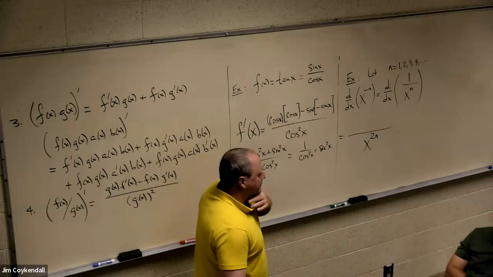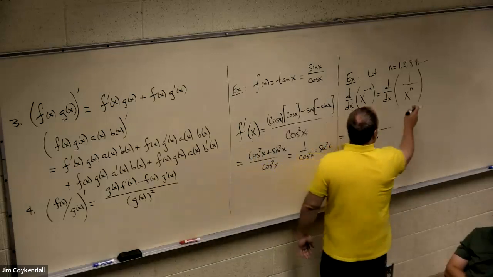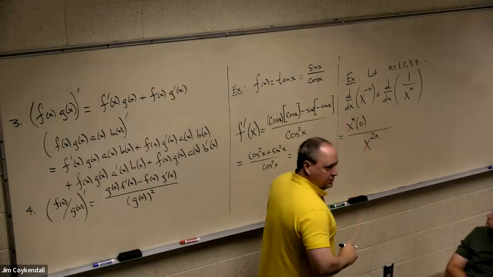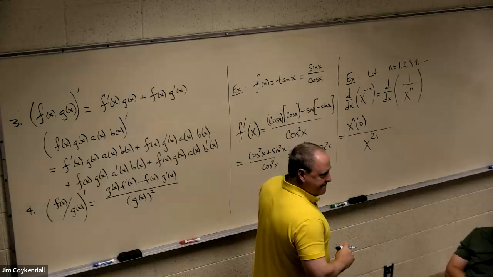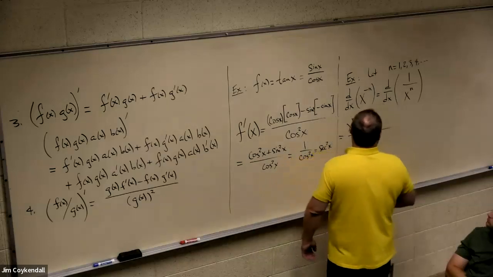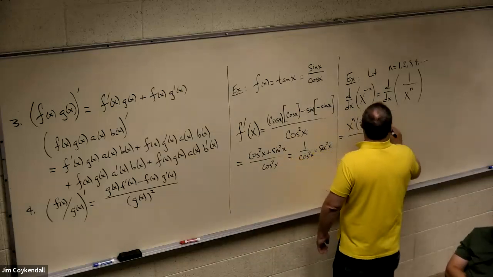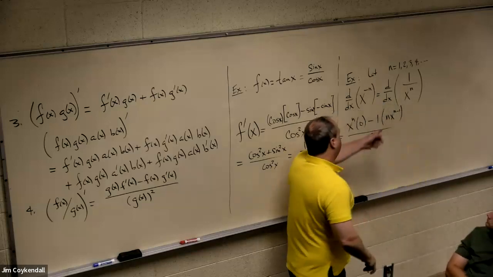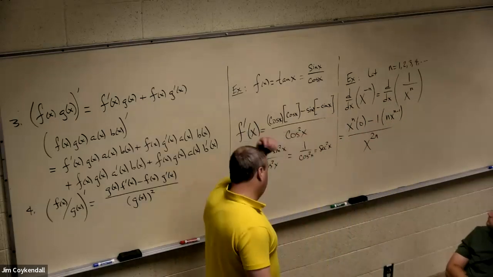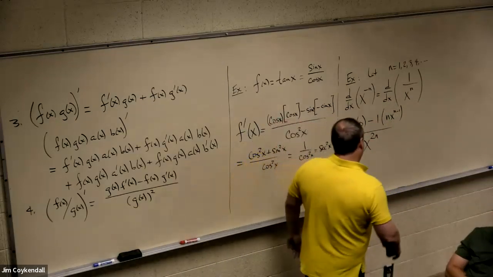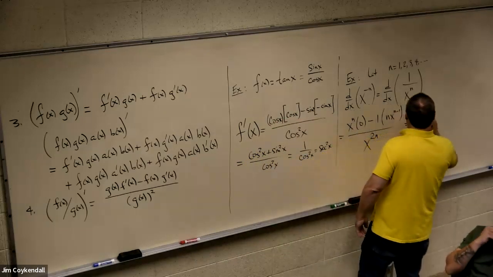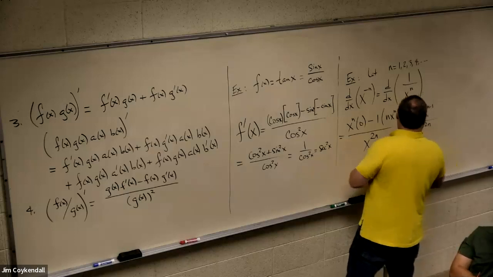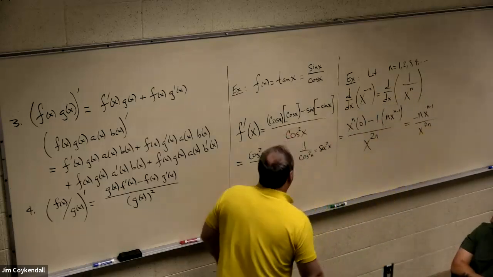Right? Now let's go through the math. Bottom times the derivative of the top, which is zero. Right? Minus top times the derivative of the bottom, which is n x to the n minus 1. That works here because I know the derivative of that. So this becomes just 2n.